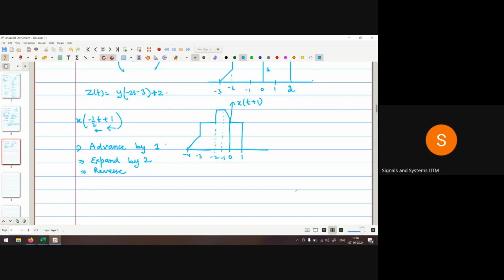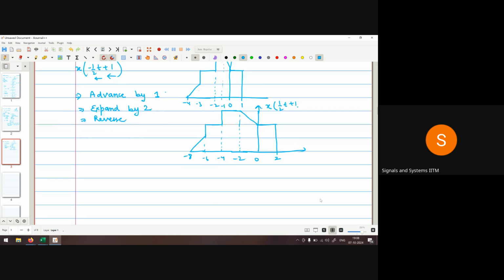My signal should be like -8, -6, -4, -2, then 0, and then 2. It is x of 1 by 2 t plus 1.